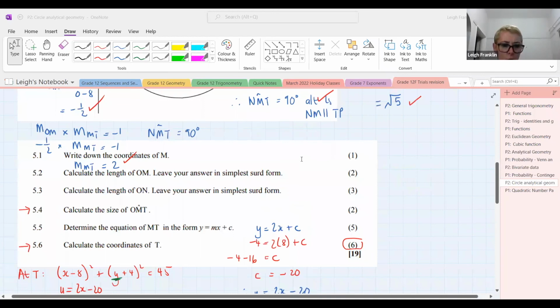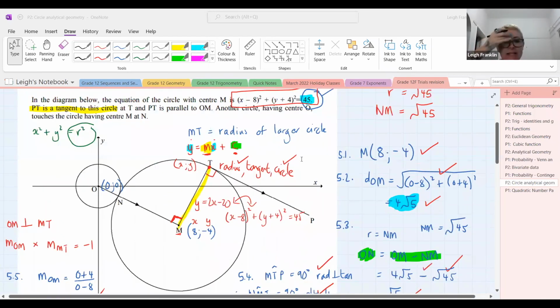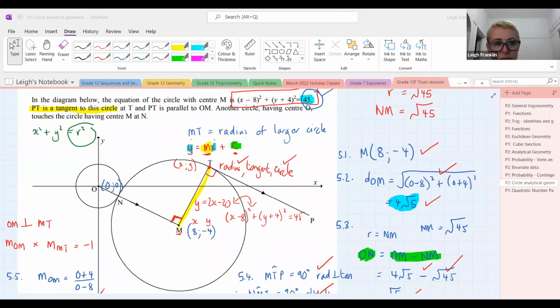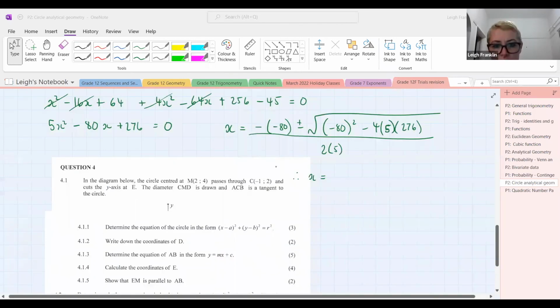So what we would do is look at the picture and say, well, at T, it has to be 13, because it's further to the right-hand side. So x equals 13 or x equals 3, but it would have to be 13.